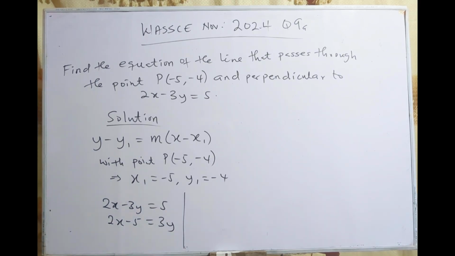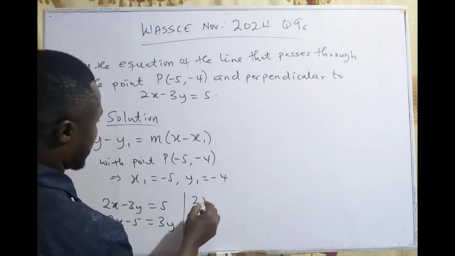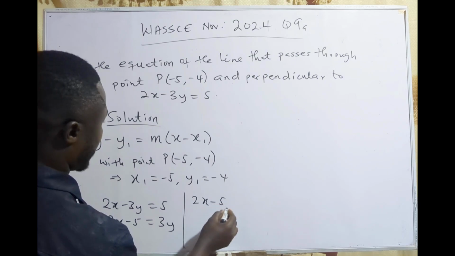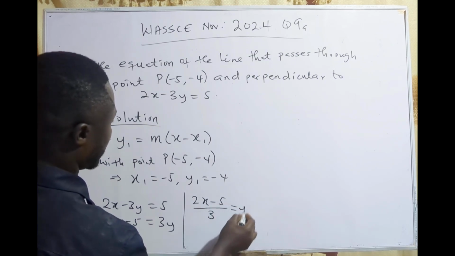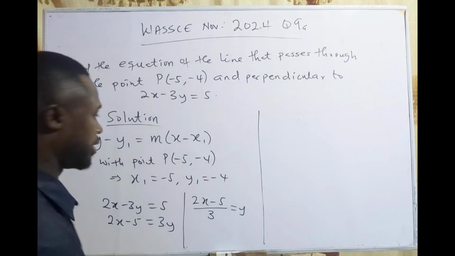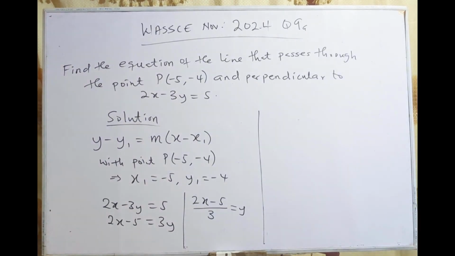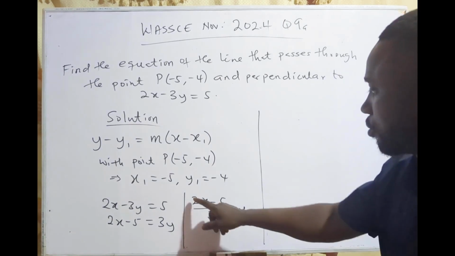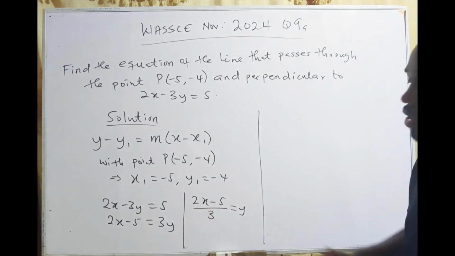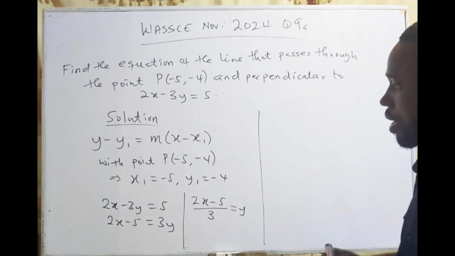To make y the subject, I divide through by 3, so y is equal to 2x minus 5 all over 3.